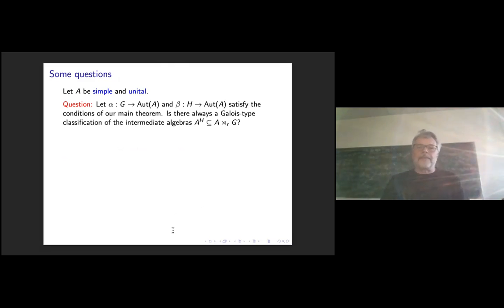So, questions which are still open. In general, is it possible to classify all intermediate algebras? So in the situation of our theorem, can we understand the intermediate algebras?